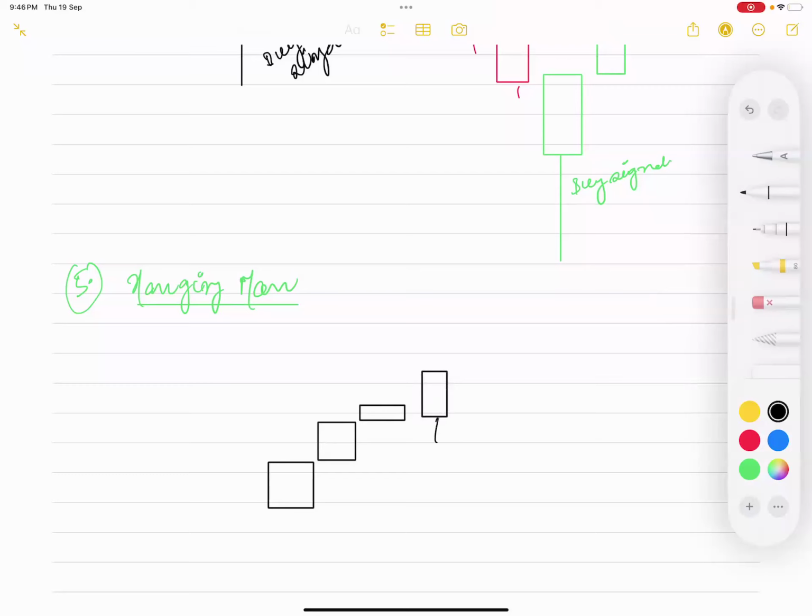So likewise there can be, but that is the bearish one, just as here we saw a bullish pattern starting to form. So here what will happen is, it'll be like this, a hanging man will be hanging and after that the market will fall down. Okay, so it'll be like this.